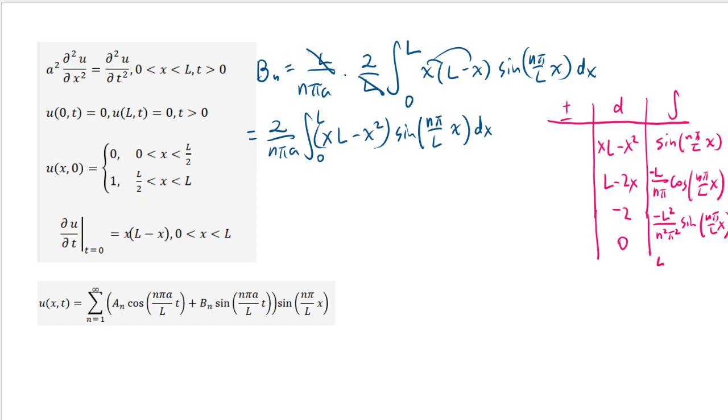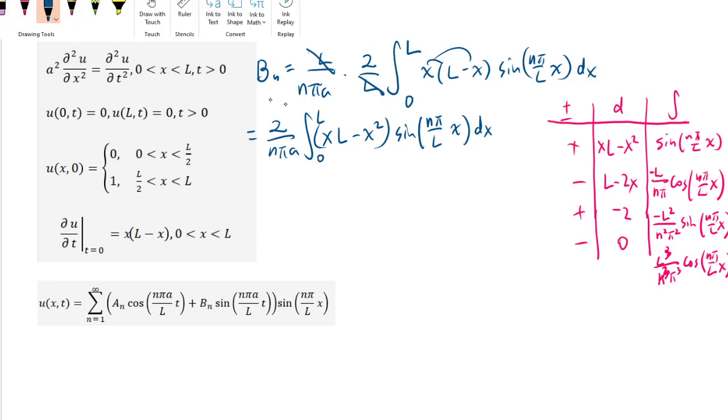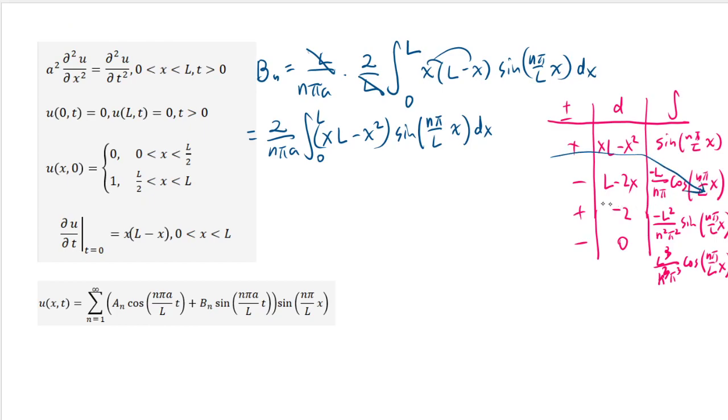Integrating again, you get positive L cubed over n cubed pi cubed, sorry, this should be cubed, and then cosine n pi over L x. And there's a plus, minus pattern, and if you go like this, you can read off the integral as 2 over n pi a.